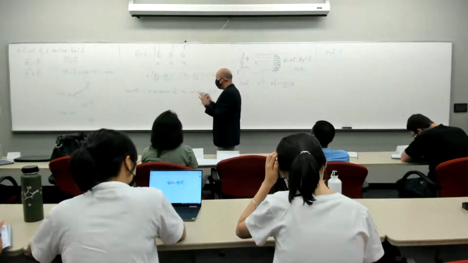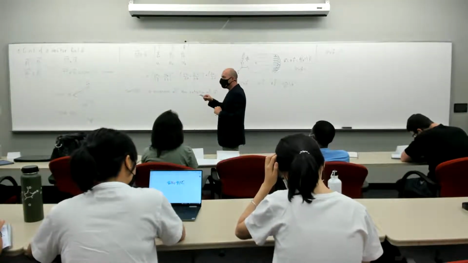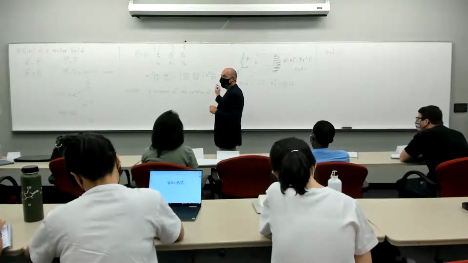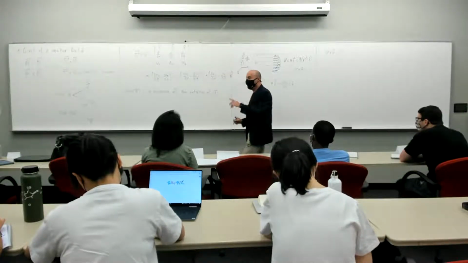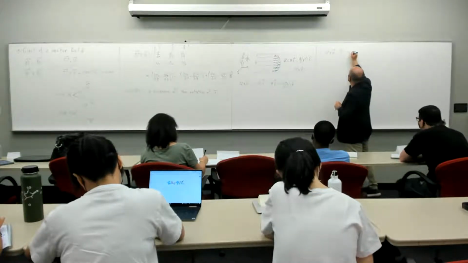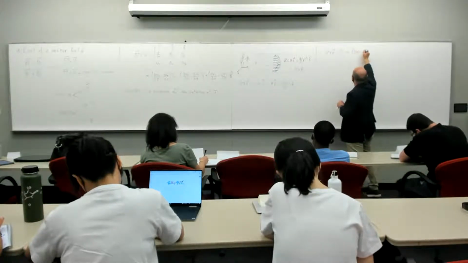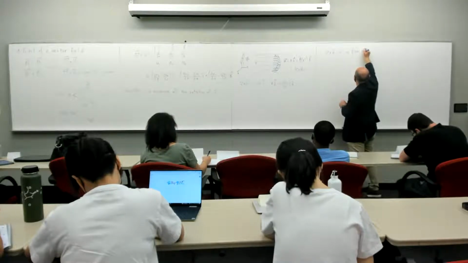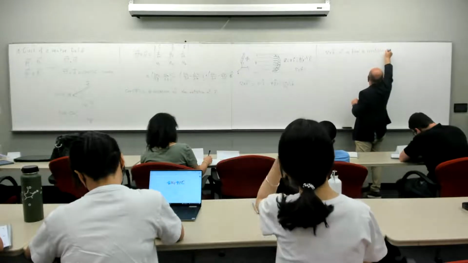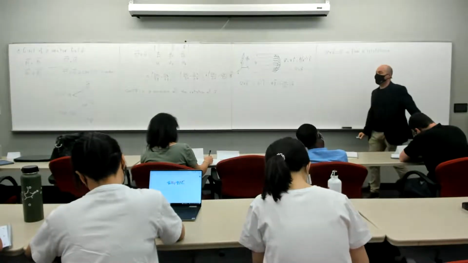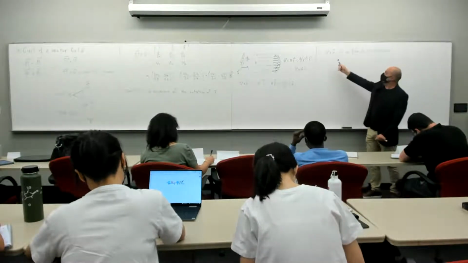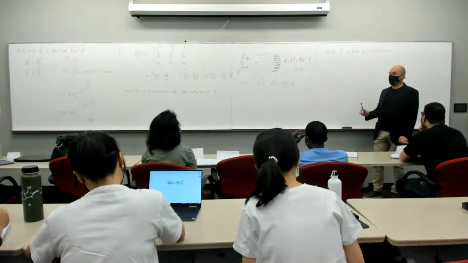Remember, curl u has to be 0, not the velocity has to be constant. There are other cases where curl u equals 0 and the velocity is not constant. The correct statement is that curl u equals 0 means the flow has no rotation, or in other words, is irrotational. Potential flow, what you learned in your undergrad. This is the condition for potential flow.